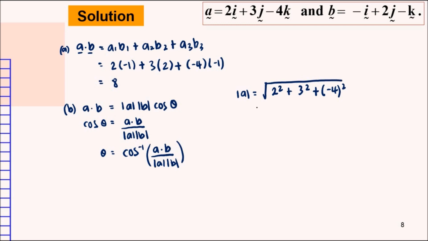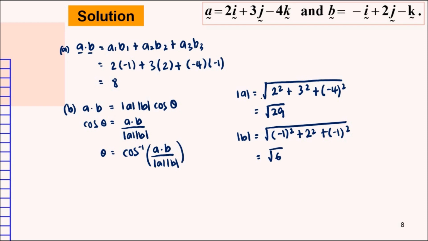That will be square root of 29. The magnitude of vector B is given by the square root of negative 1 squared plus 2 squared plus negative 1 squared. So what we have is square root of 6.